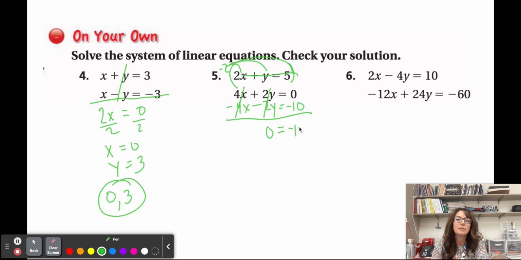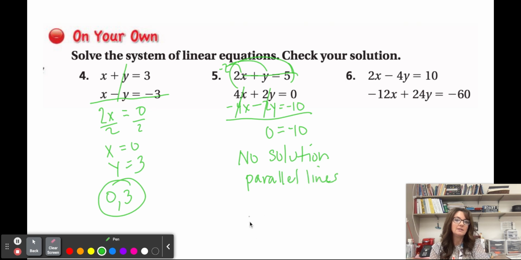Is 0 equal to negative 10? No. So that's no solution. So had we put it in slope-intercept form, these must be parallel. They would have the same slope. In slope-intercept form, they're actually y is equal to negative 2x plus 5, and y is equal to negative 2x. So if you want to take the time to put them in slope-intercept form, you can.